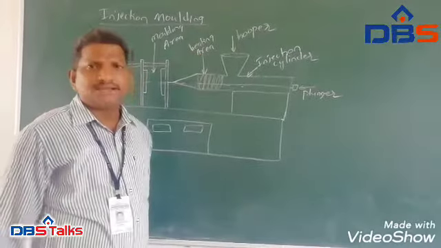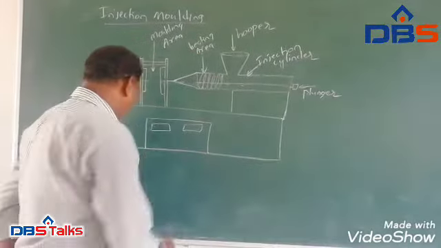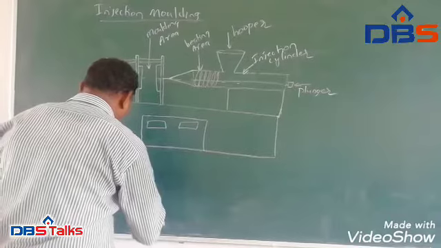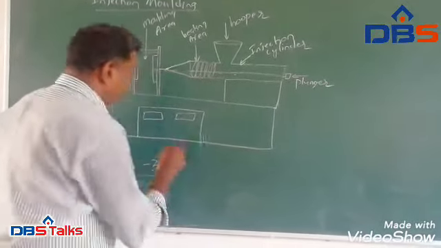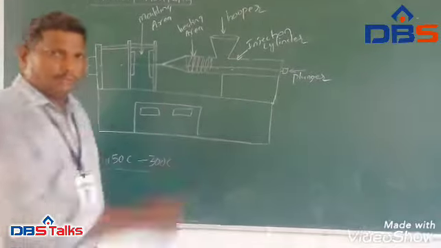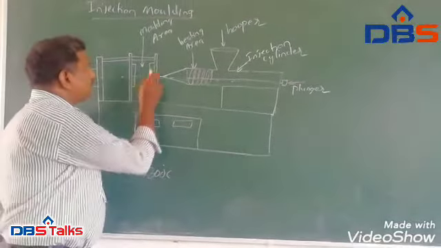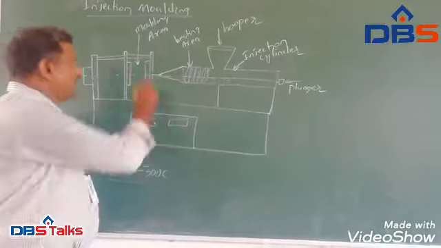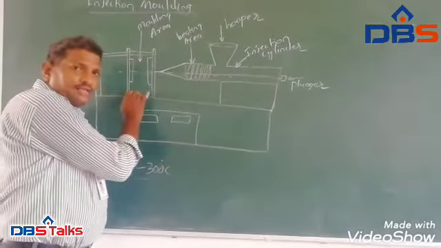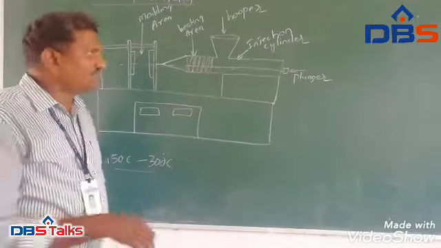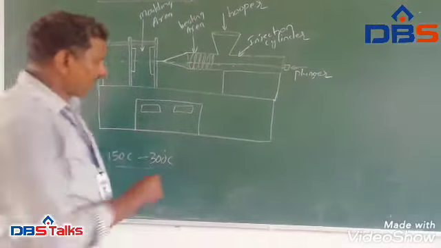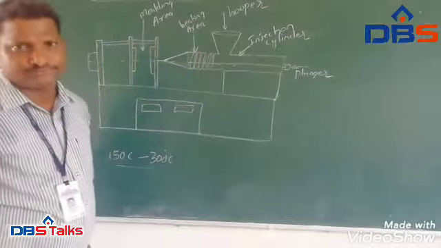Here we will maintain a temperature of approximately 150 degrees centigrade to 300 degrees centigrade. And this is the molding area. This molding area has the shape into which we have to produce the plastic goods. And here there is a plunger.